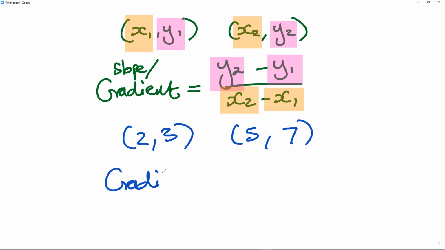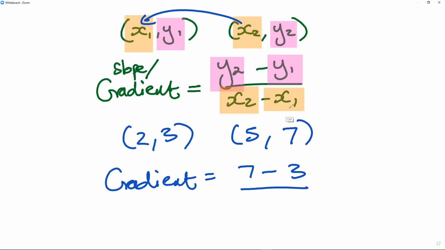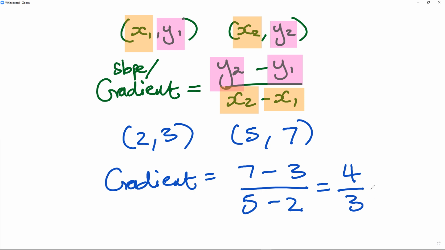The gradient is going to be calculated by taking y2 minus y1, so that's 7 minus 3, over x2 minus x1, which is 5 minus 2. 7 minus 3 is 4, and 5 minus 2 is 3, and that's 1 and a third. And that's the gradient, either 4 over 3 or 1 and a third. Not bad, right?